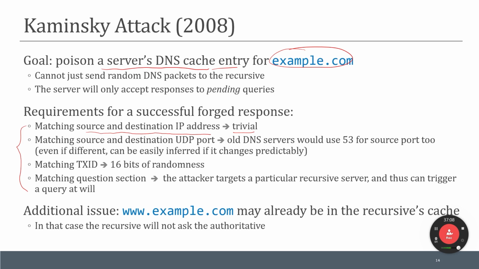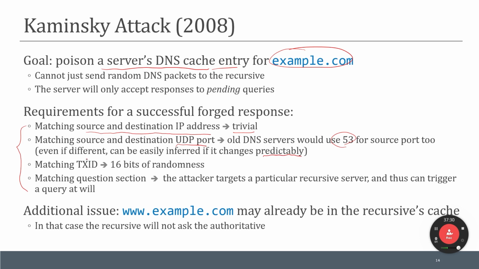What is the matching source and destination UDP port? Well, all the DNS servers use 53 for the source port too. Now it's not fixed, but it could be easily inferred if it changes predictably.